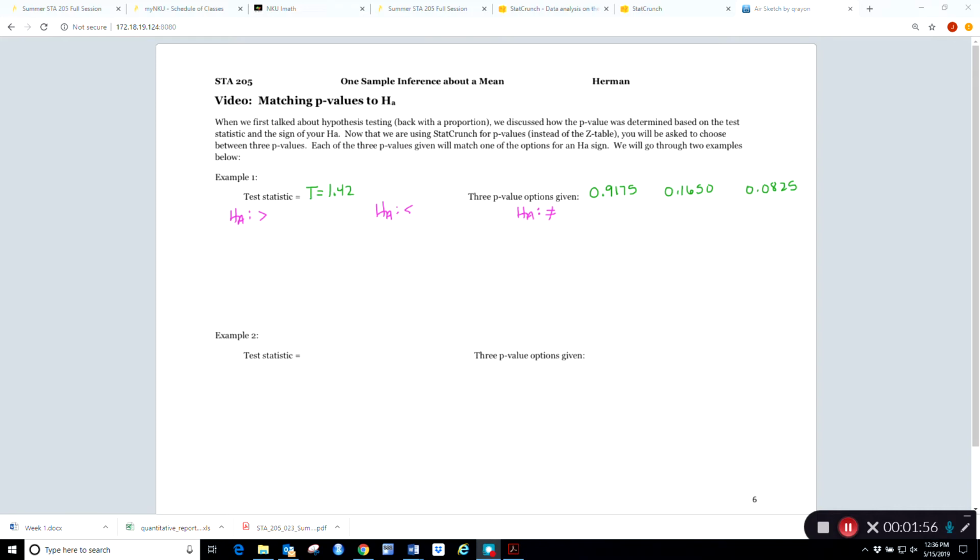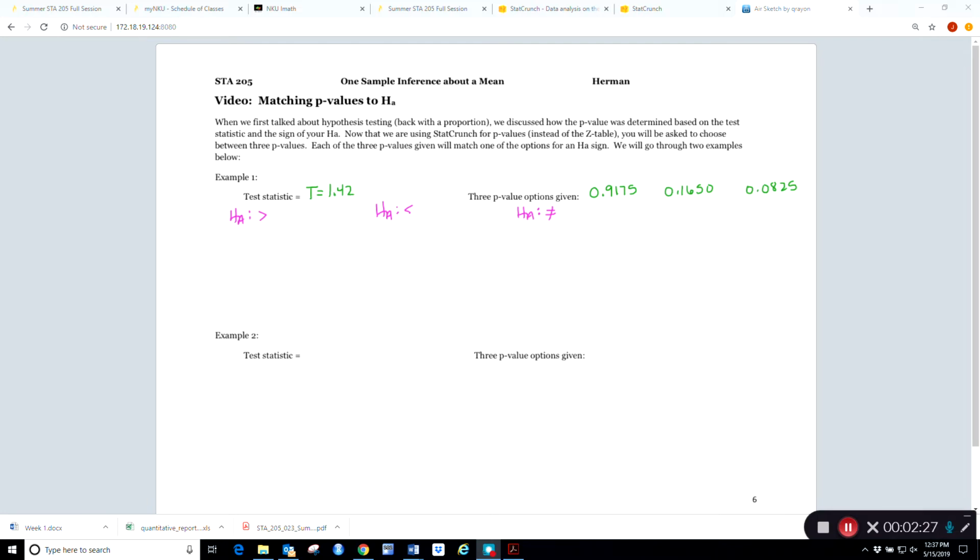So by drawing the pictures and understanding the connections between these, you should be able to figure out which p-value is which. So we're going to draw some pictures. But I first want to point out that the 3 options you're given have certain characteristics. Notice how 2 of them, here the 0.9175 and 0.0825, add up to 1. There will always be 2 values that add up to 1. Those are going to correspond to your one-tail hypothesis test.